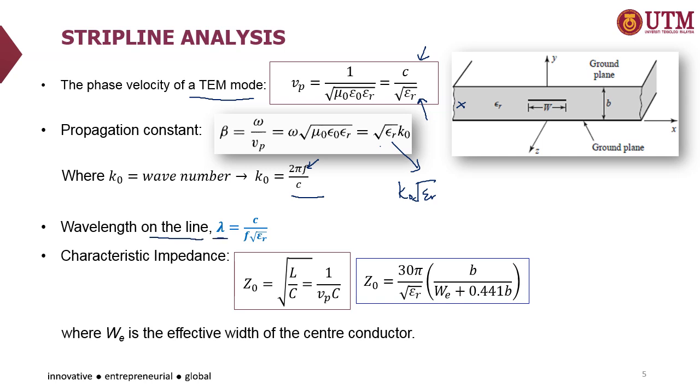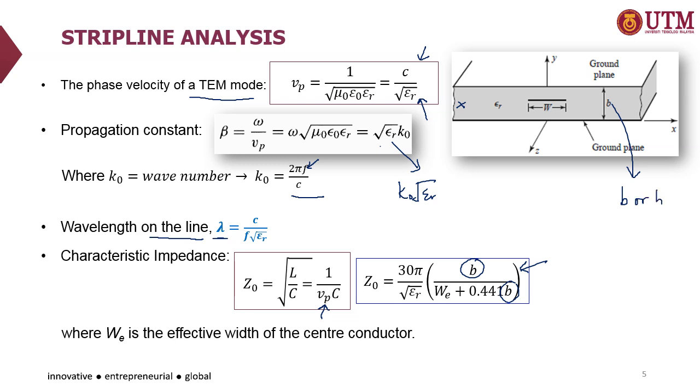While the characteristic impedance Z0 equals 1 over Vp, the phase velocity, multiplied by the speed of light, the characteristic impedance can also be calculated by using this equation, in which it depends on B or H, the thickness of the structure.